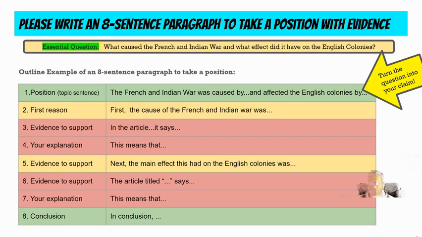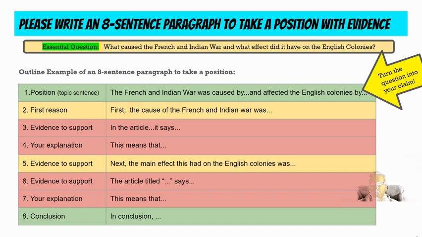First, the cause of the French and Indian War was, and then you can see the rest of the sentence starters. Do you have to use these sentence starters? The answer, of course, is no. This is a suggestion of how you might begin the sentences in this paragraph. You have 2 choices for completing this assignment.